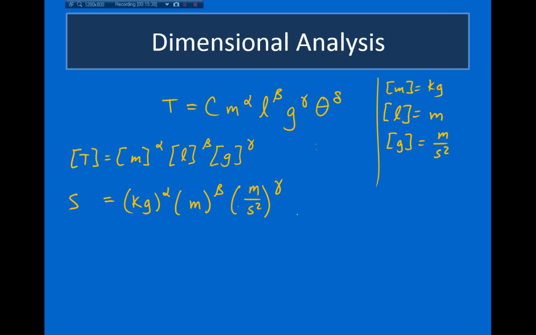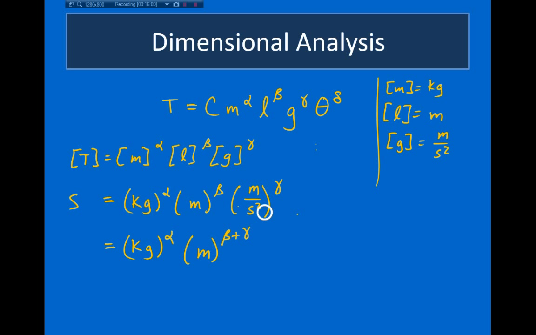So the way that we do this is to rewrite the right side so that all of the units are listed separately. We have kilograms raised to the alpha power, that's already separated. Now meters: we've got beta meters coming from L, and gamma meters coming from G. So we have meters raised to the beta plus gamma power.